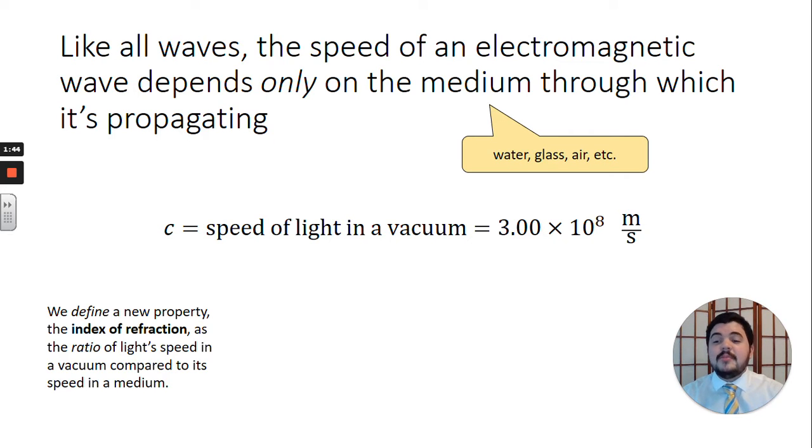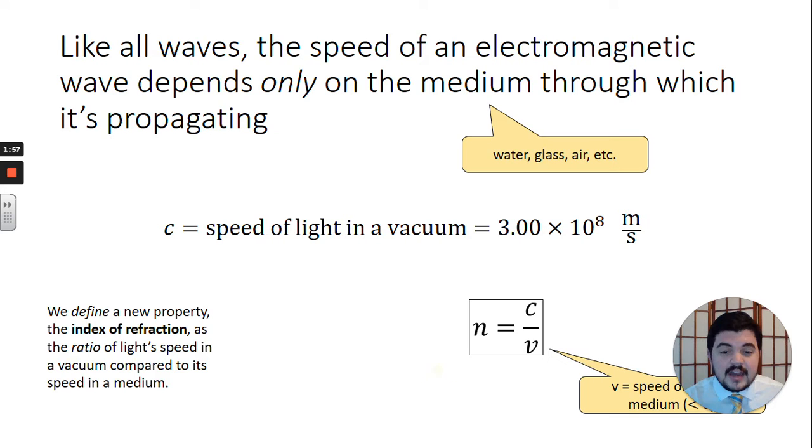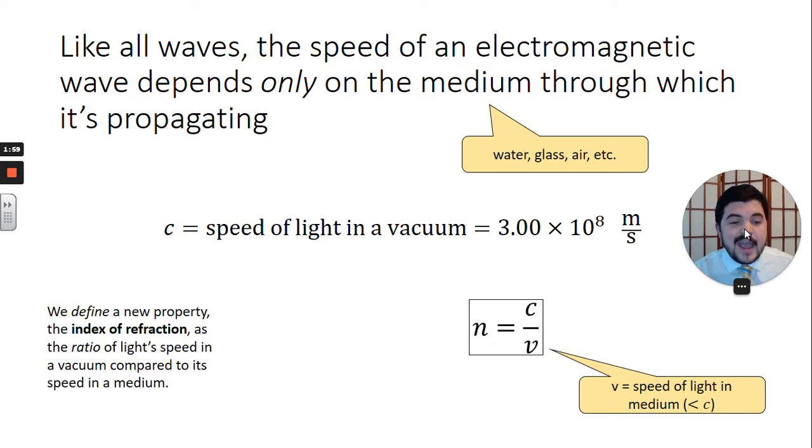Its definition is going to be the ratio of light's speed in a vacuum compared to light's speed in some medium. So here is that quantity, index of refraction. We're going to use n as our index of refraction, and v here is the speed of light in a medium. It's always slower than the speed of light in a vacuum.